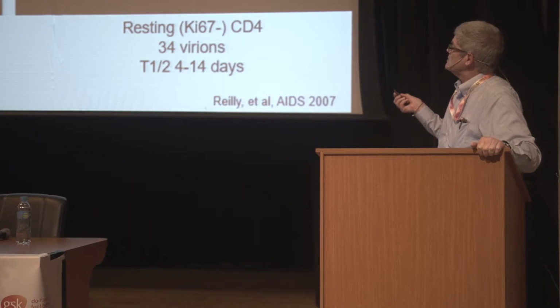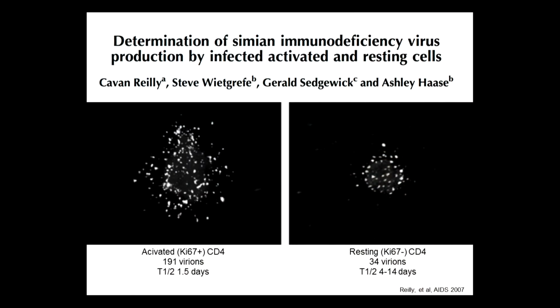Versus this Ki67 negative cell in a more resting phenotype that's expressing in this snapshot 34 virions. So this is the type of information that we can collect histologically, and we can start to combine it with some other measures that colleagues have done on those same tissues and get a much better insight into what's happening at that stage of infection.